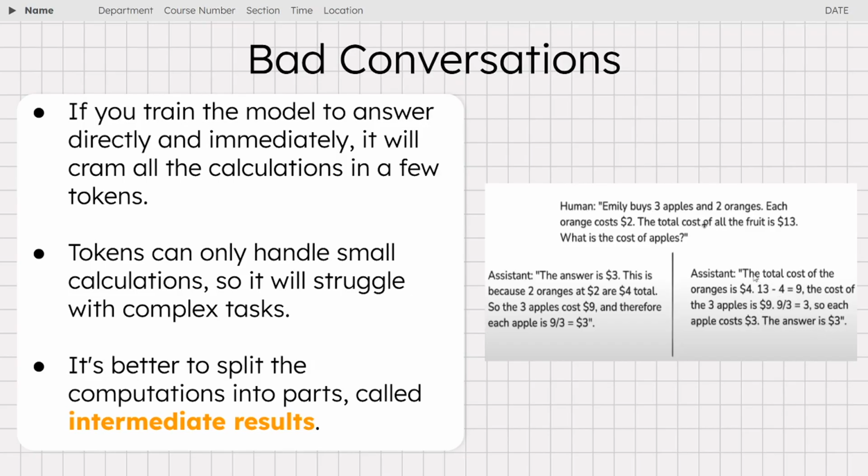But at that point, it has already used all of the tokens for the calculations, as opposed to this one, where it generated all the calculations from the start in a few tokens, versus this where the computation is spread across all the tokens.